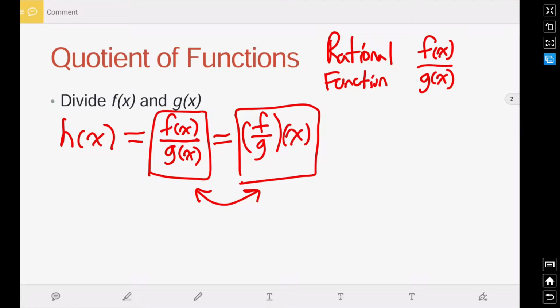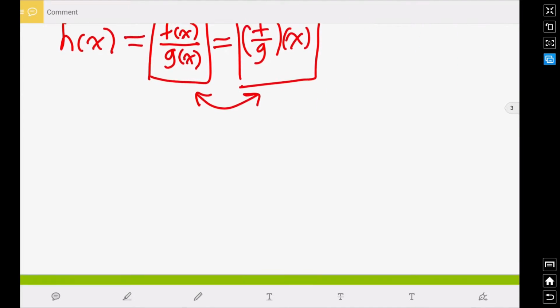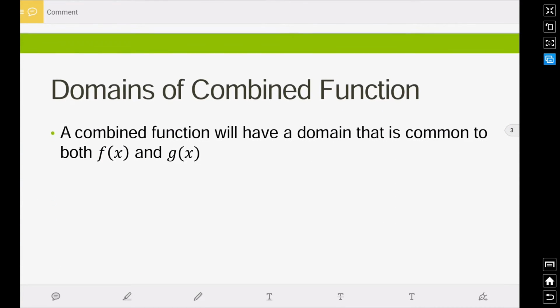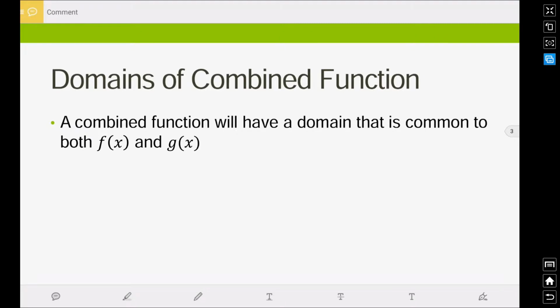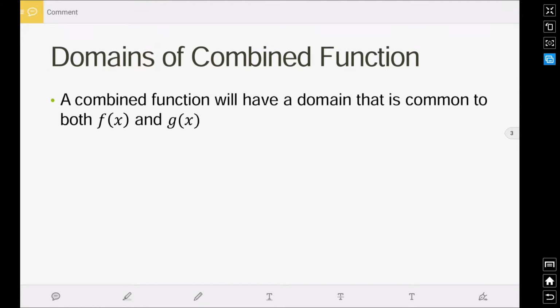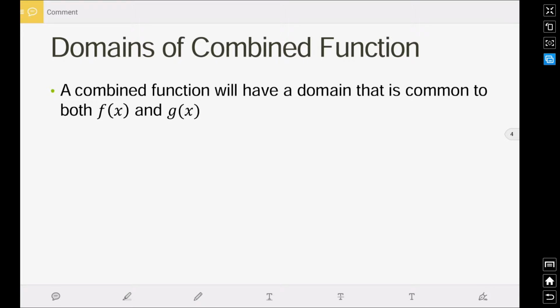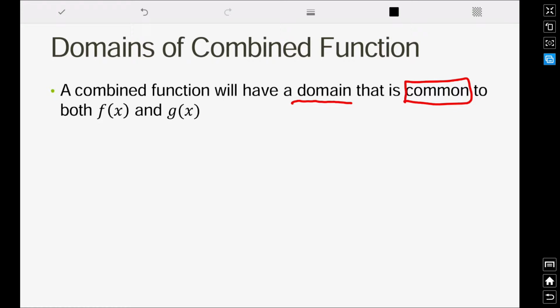One thing I did not talk about last lesson was domains of combined functions, and we'll talk about that now. We know we can create functions by adding, subtracting, multiplying, and dividing. What's common between all of these is that to find the domain of the combined function, all you need to do is find what domain is common. This means that both f of x and g of x exist in that region.